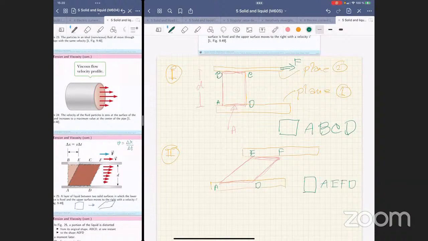All right, but the area still remains the same. The contact area is still the same, A, and the distance is still the same.